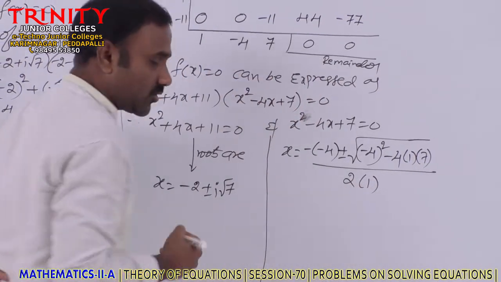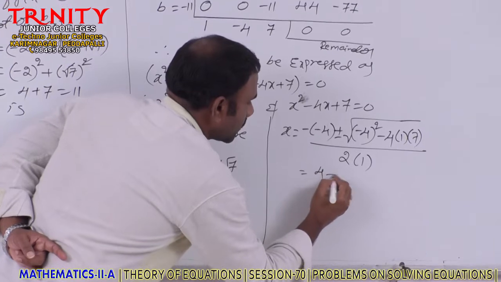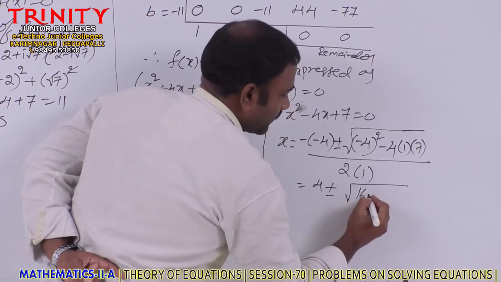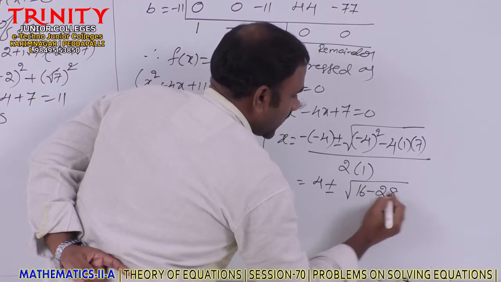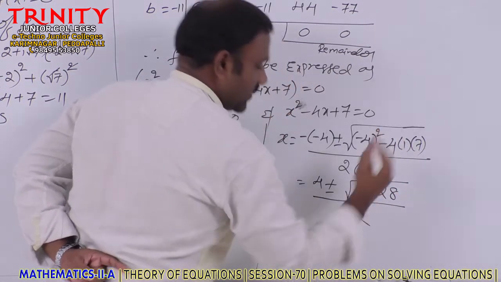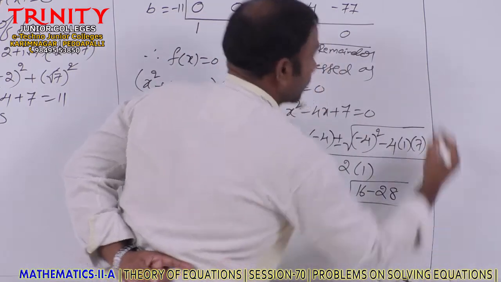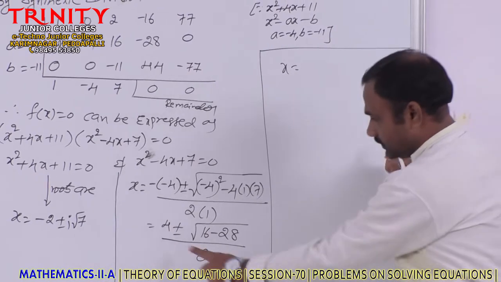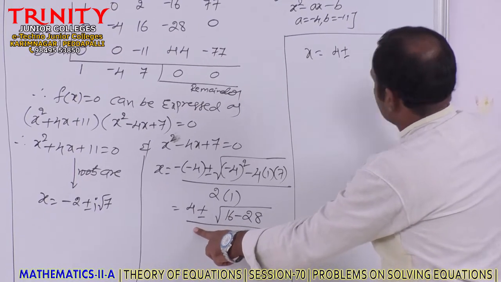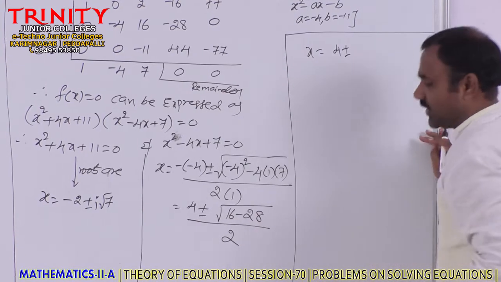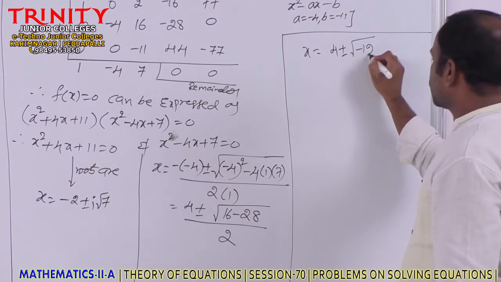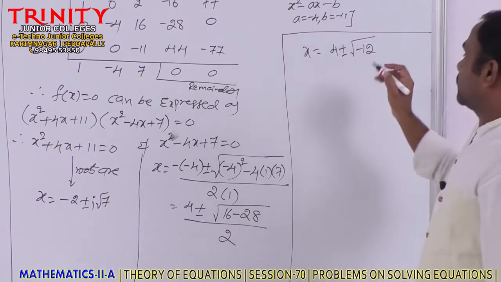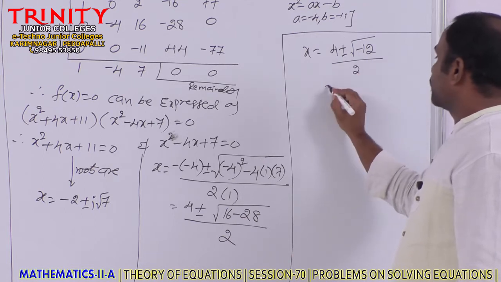That is, with quotient 1, 4 plus or minus root minus 4 whole square, that is 16, minus 7 fours are 28, divided by 2. What will we get? x is equal to 4 plus or minus root of 16 minus 28. That is nothing but root minus 12. 16 minus 28 is nothing but minus 12, divided by 2.